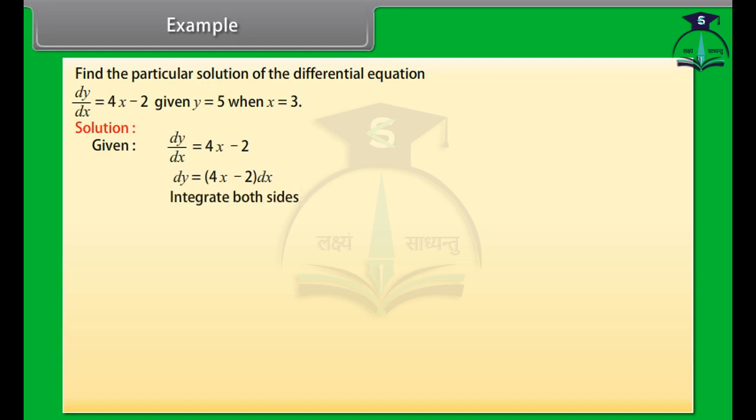Integrate both sides. Integral of 1 with respect to y equals integral of 4x minus 2 with respect to x. y equals 2x square minus 2x plus c is the general solution.